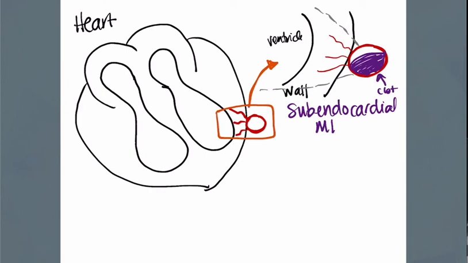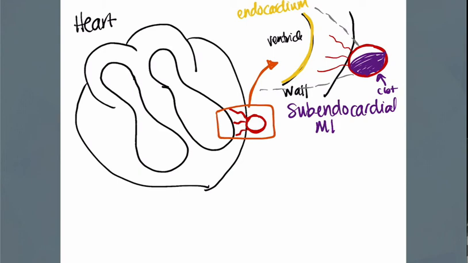You can see that the area of the ventricular wall that's farthest away from the blood supply is the endocardium. So this is the endocardium of the heart, the inside of the ventricle, as opposed to the epicardium where the coronary vessel is. So that's the farthest away from the blood supply.